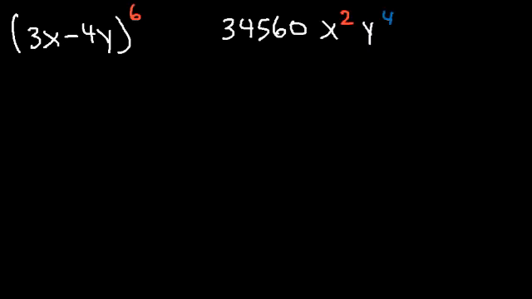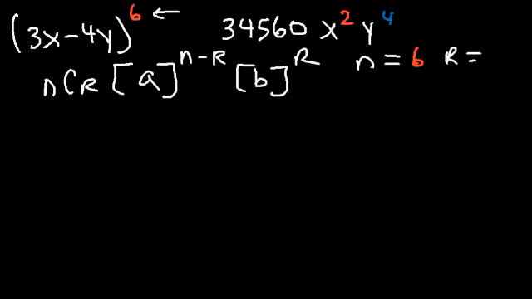So let's begin. We know it's going to be nCr times a raised to the n minus r times b raised to the r. So n is 6, and r is basically the term minus 1. Since we're looking for the fifth term, r is going to be 5 minus 1, which is 4.